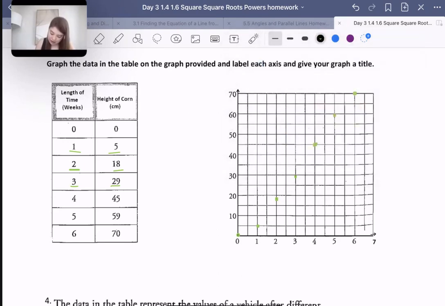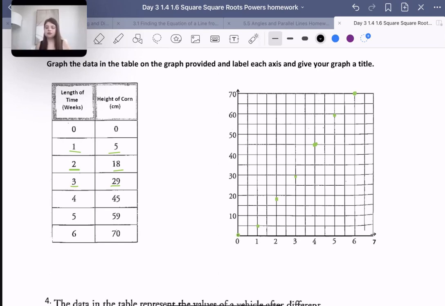So let's do that. The title is somewhat up to you, but it also needs to be relevant to what the graph is telling us. So what's the purpose of this graph? This graph is to show how much the corn grows depending on the week.